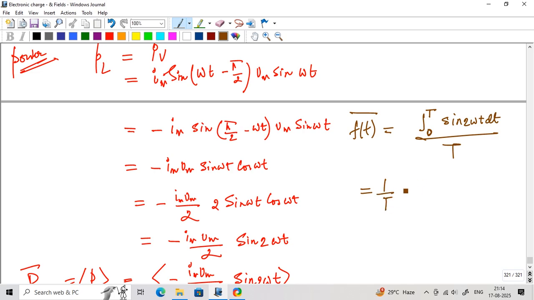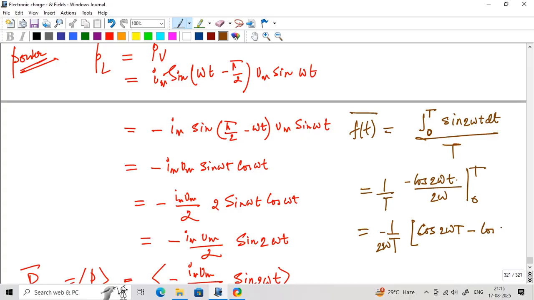So that is equal to the integral from 0 to T of sine 2 omega t, which is minus cos twice omega t by twice omega, with limits 0 to T. Here 1 by T, and 2 omega is a constant. So cos 2 omega T minus cos 0.